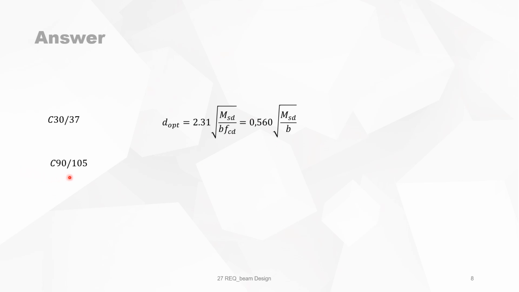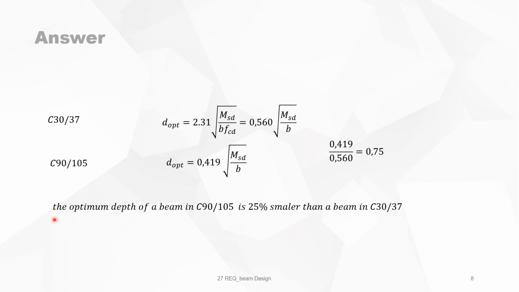For C90/105, we have calculated this relationship, and you see from those two numbers that the optimum depth of a beam in C90/105 is 25% smaller than a beam in C30/37. So if you do not have enough height, you can try to use a higher concrete quality.